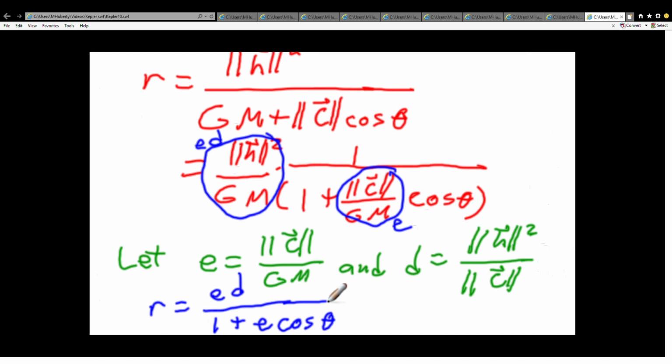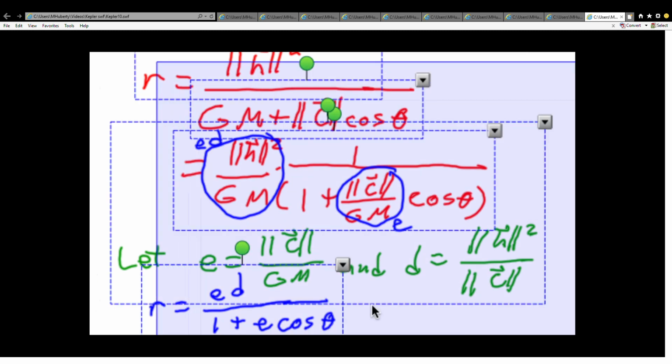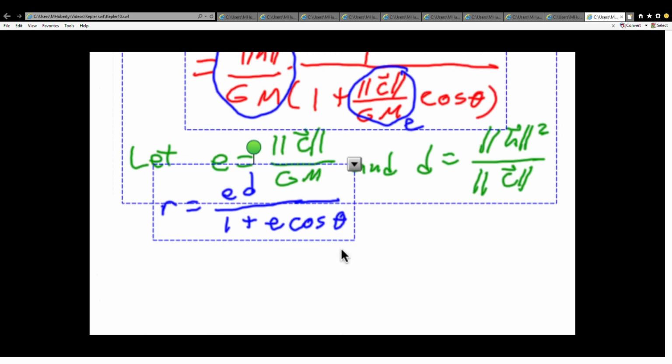Now, I claim what we have here is a big deal: r equals ED over 1 plus E cosine theta.